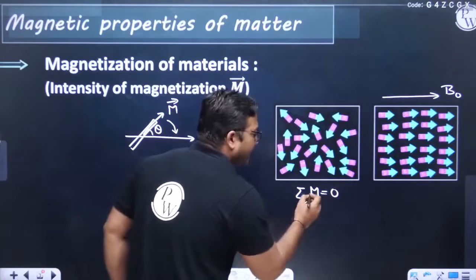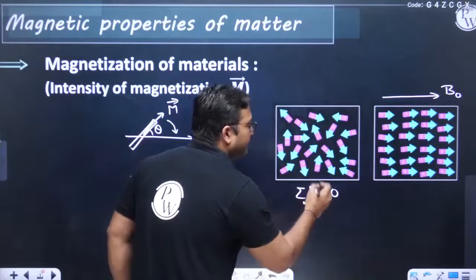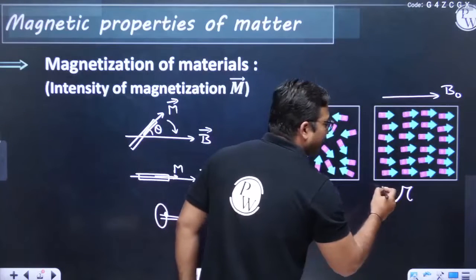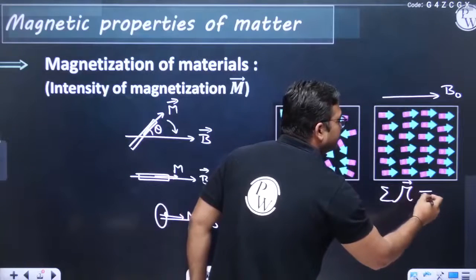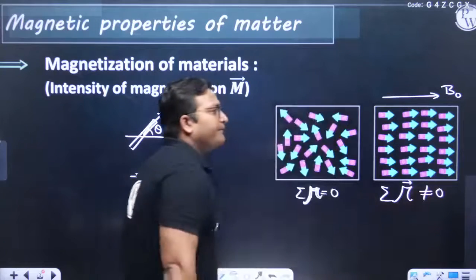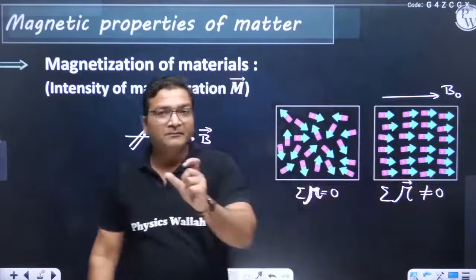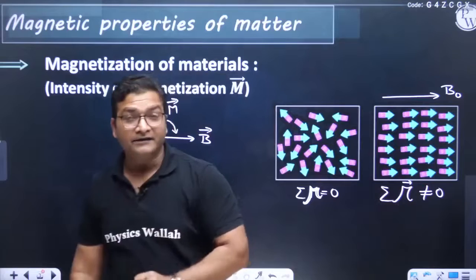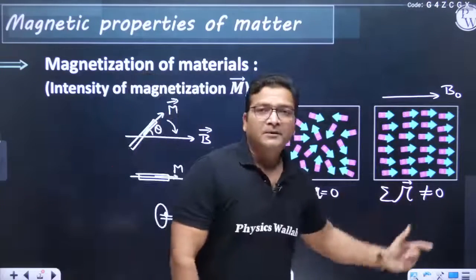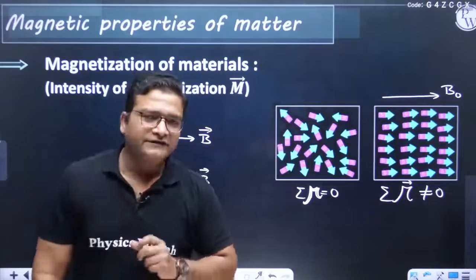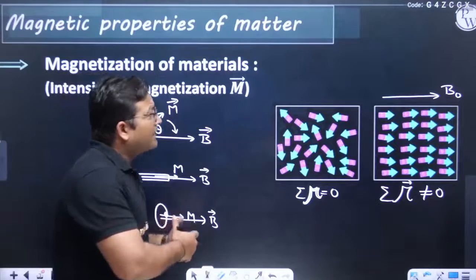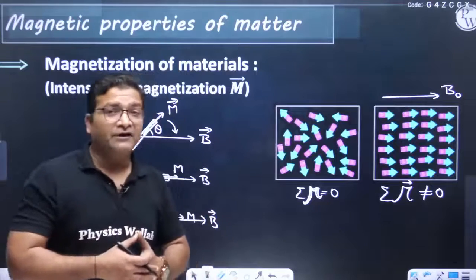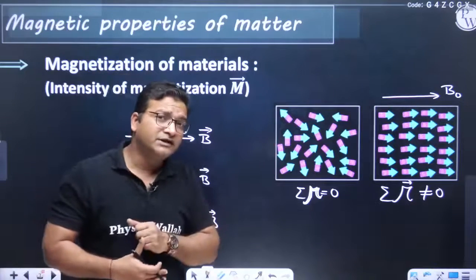Let us represent the magnetic moment by the symbol mu. So in an external magnetic field, the sum of the magnetic moments is not zero, and now we say this material has got magnetic properties. This material is behaving like a magnet. This happens when we apply a magnetic field to a material whose atoms have an unpaired electron in the outer shell.